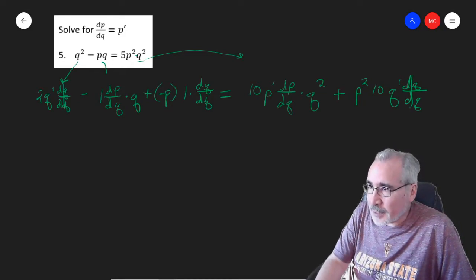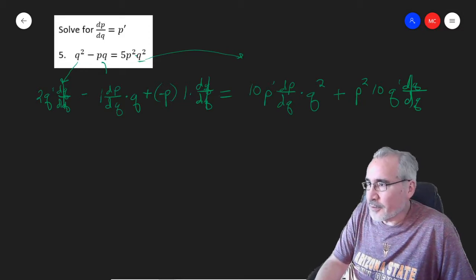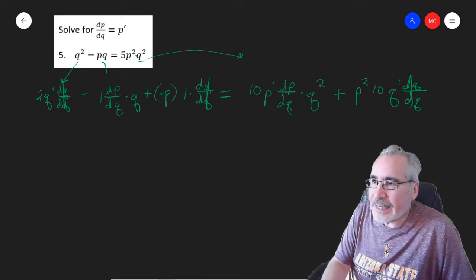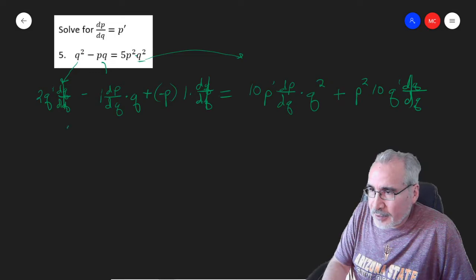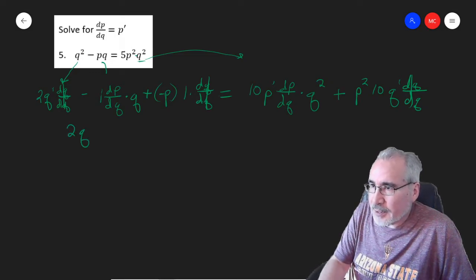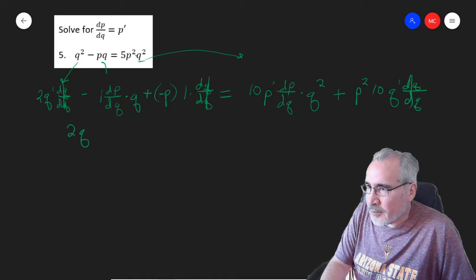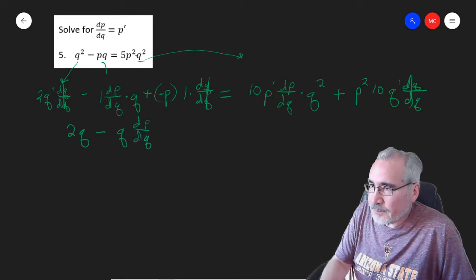Okay, and notice this becomes 1, this becomes 1. So I've got a lot of them. So let's clean it up. This is 2q. This is going to be minus 1 dp/dq q. So we're going to move the q up front. So we'll call this minus q dp/dq. And that's that part.